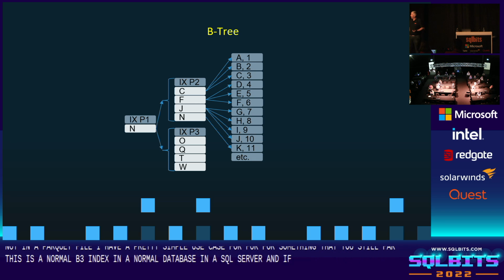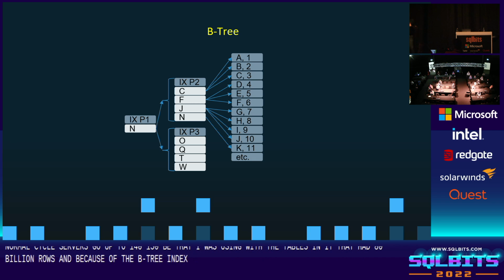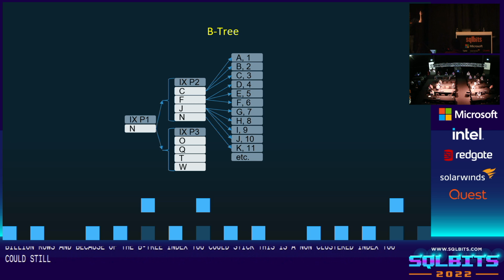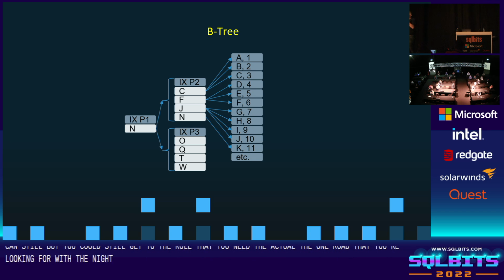And even if it's really big, I've had normal SQL servers go up to 140, 150 terabytes with tables in it that had 80 billion rows. And because of the B-tree index, this is a non-clustered index, you could still get to the one row that you're looking for with a nice little simple B-tree index.